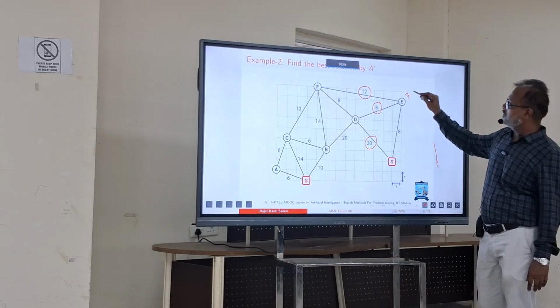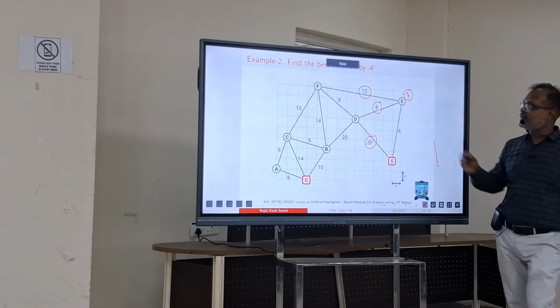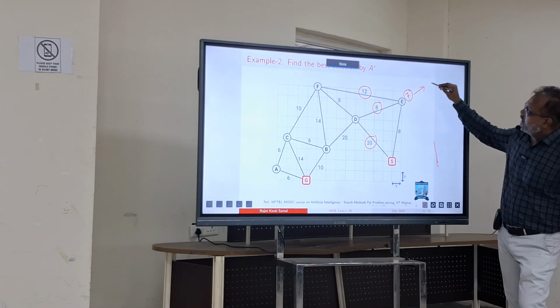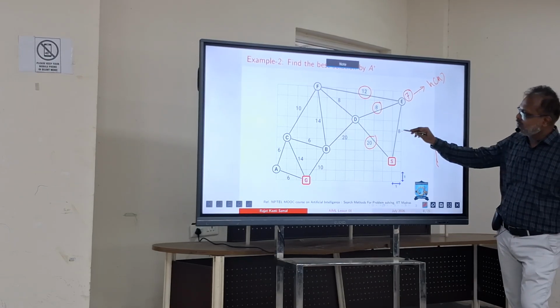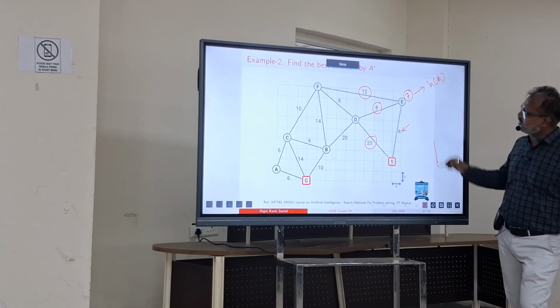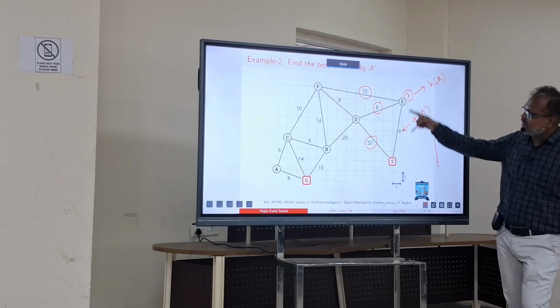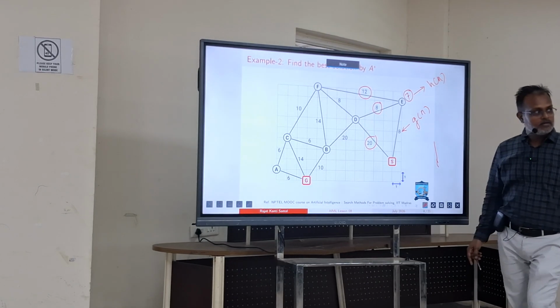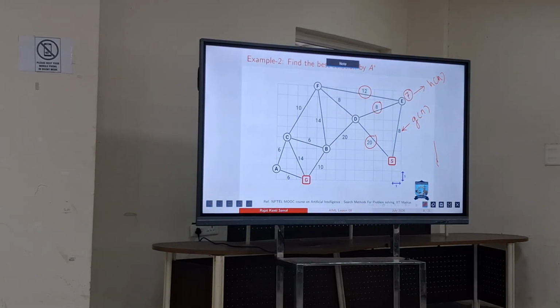Right? So 7 is the heuristic value of this node, and this 8 is the value of this path. It was 1 in the previous example, so it was not written. Cross check it.